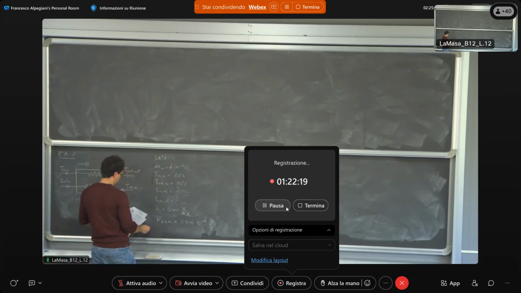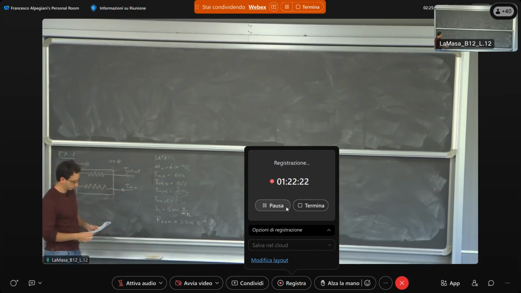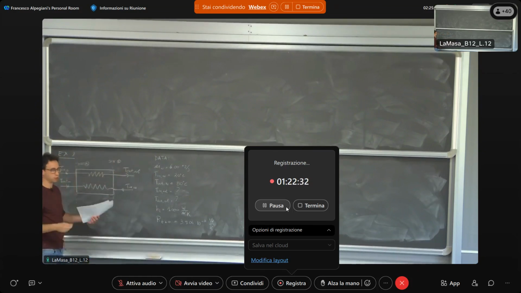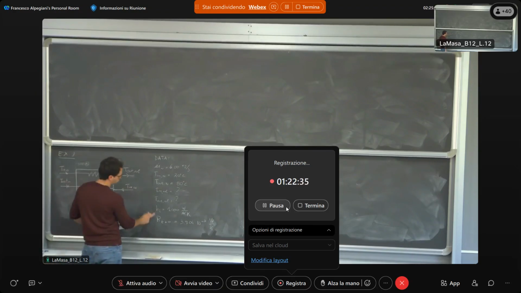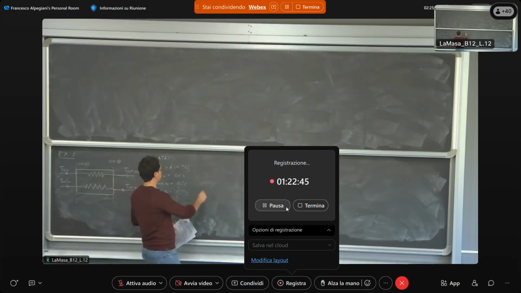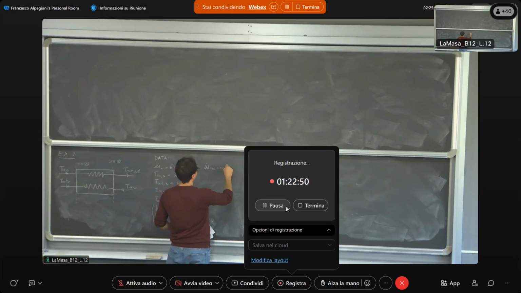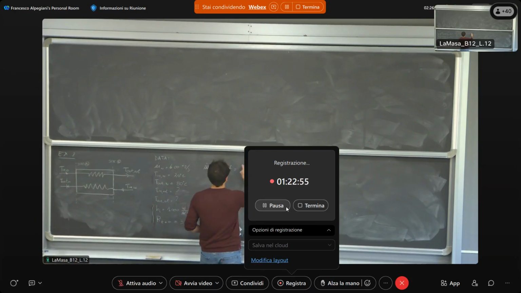Since we can assume that the overall heat transfer coefficient remains the same, and the area of the heat exchanger is the same because it's the same heat exchanger, also these two remain the same, okay? So we can leave it. And what we know is that the mass flow rate of the oil is constant and is equal to the mass flow rate of the oil that we have at nominal condition, okay?